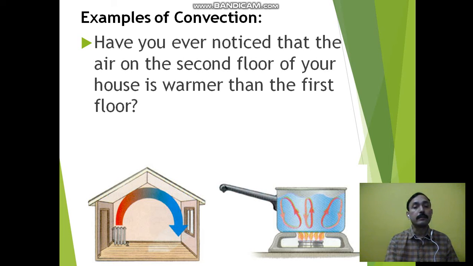So that's why the second floor becomes hot and the ground floor becomes cold. Same thing happens also here for this pan.